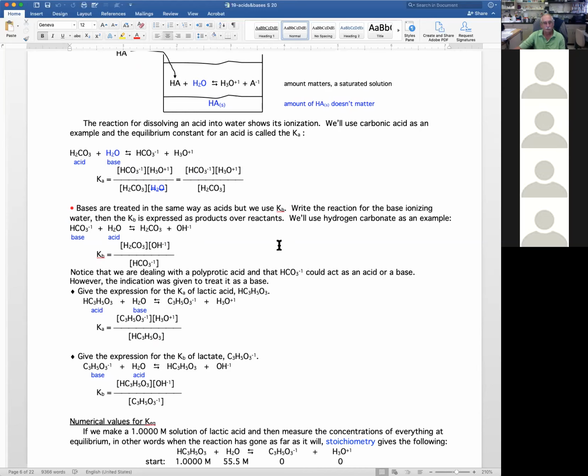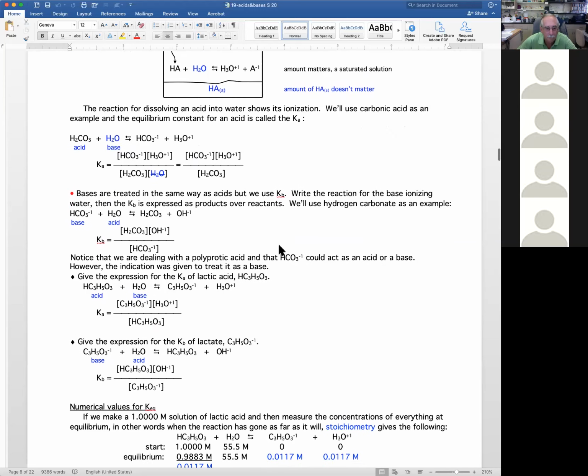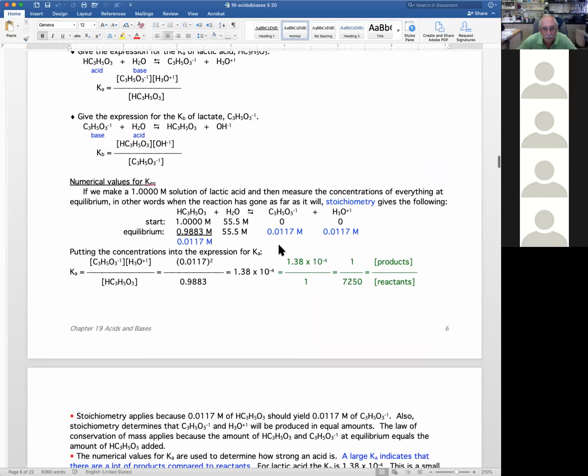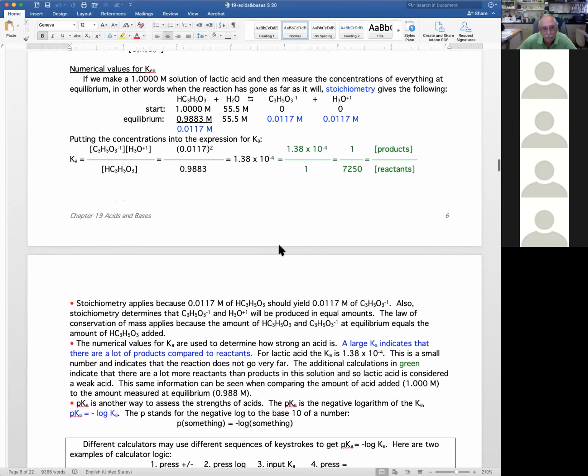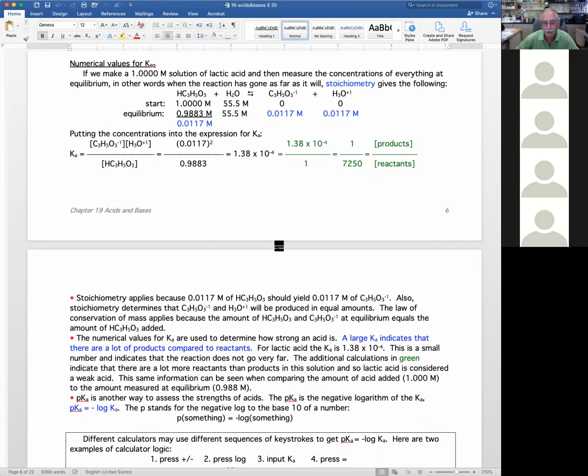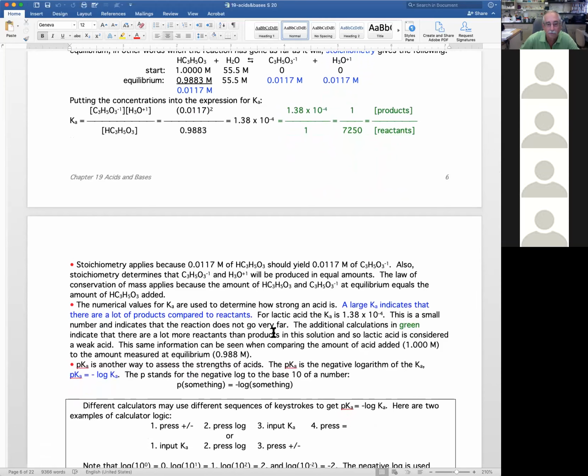And bases are treated the same way. It's simply products over reactants. And then, if we're given numerical values for all the different concentrations, we can crunch the numbers and get the equilibrium constant. So a large equilibrium constant means that the reaction gives a lot of products.